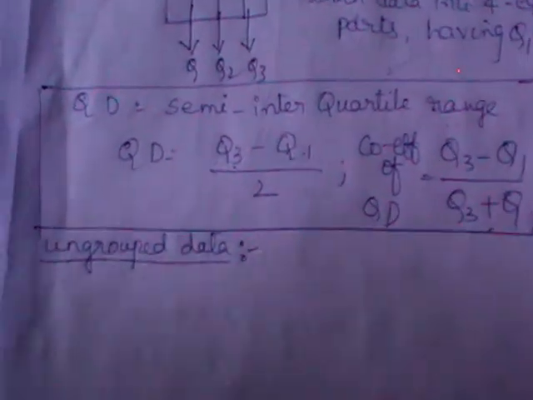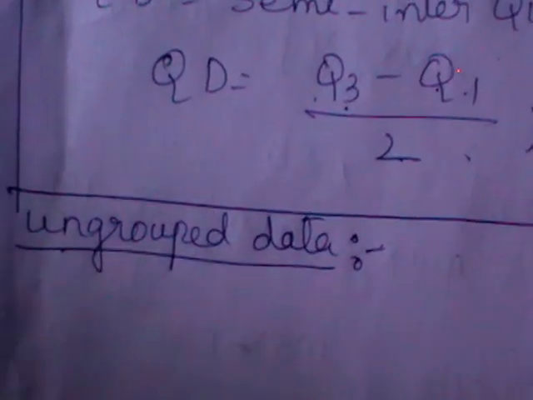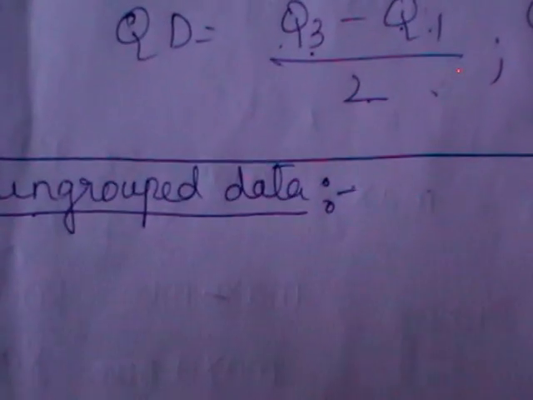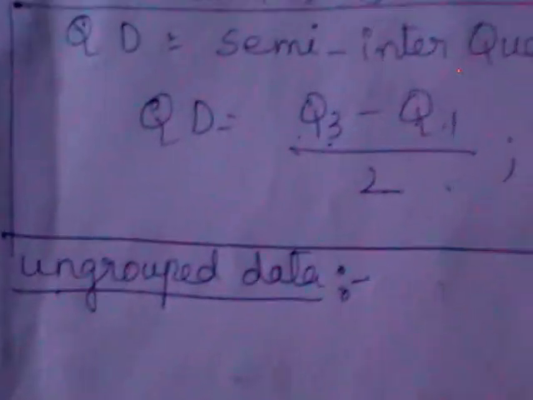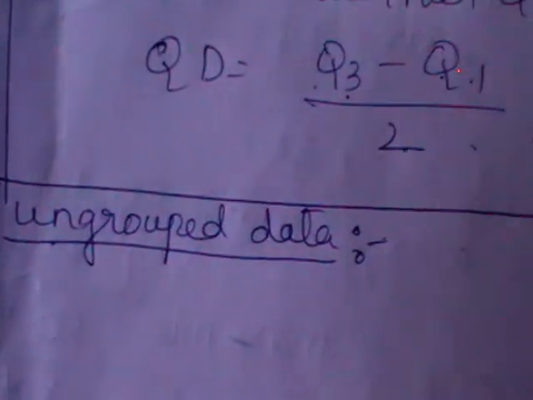All these problems you won't get in the theory examination. In the theory exam they will ask what are the different measures of dispersion, or write the formula for quartile deviation in ungrouped or continuous data. You won't get any numerical problems in statistics for the theory paper, because you have a separate practical paper. There you are going to do all these problems.